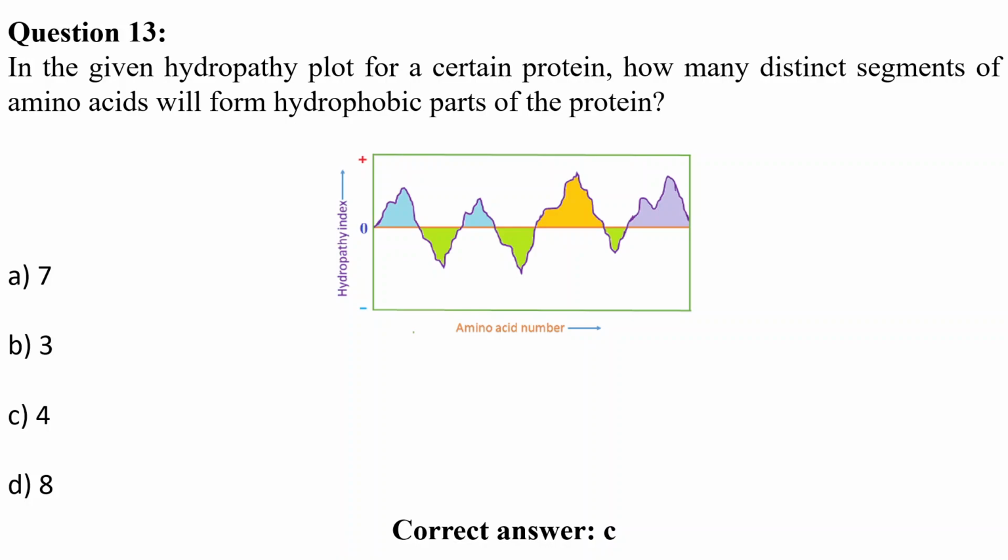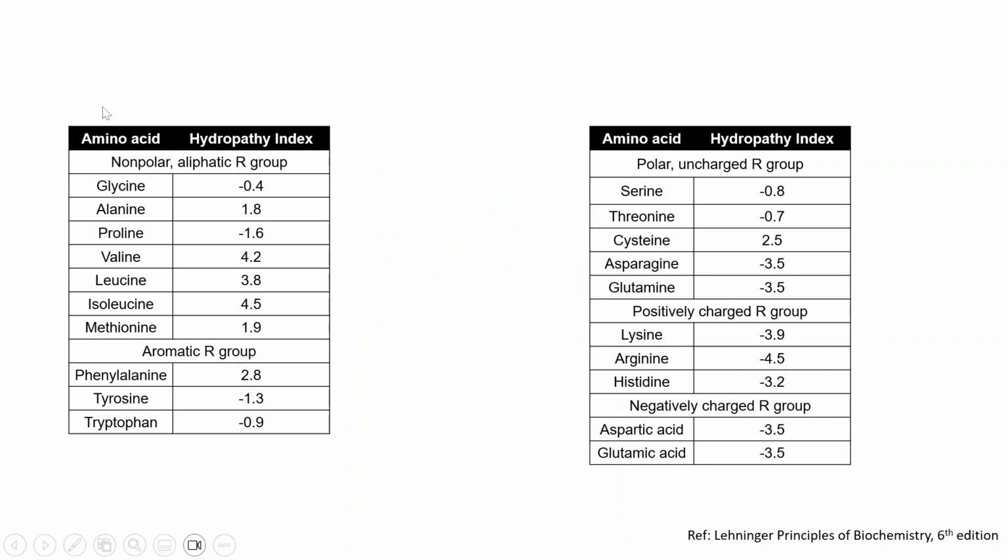Is that clear? I've shown you this in the previous class also. We have different hydropathy index for different amino acids. So all the non-polar amino acids are basically hydrophobic amino acids and they have positive values or slightly negative values only. For glycine and proline we have slightly negative values because they are exceptional amino acids.